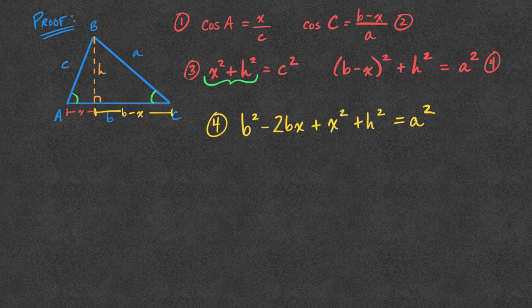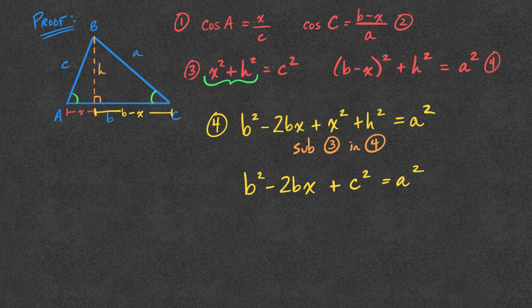If I go ahead and I sub equation 3 into this equation 4, you will notice that I can eliminate my x squared plus h squared by replacing it with a c squared. This is my strategy that I'm going to use.